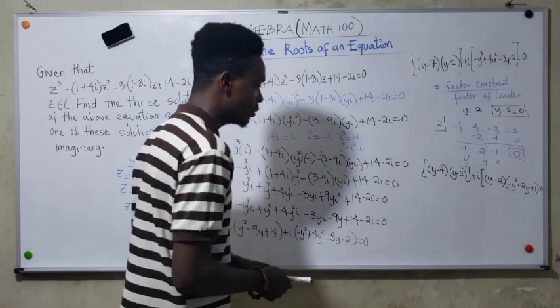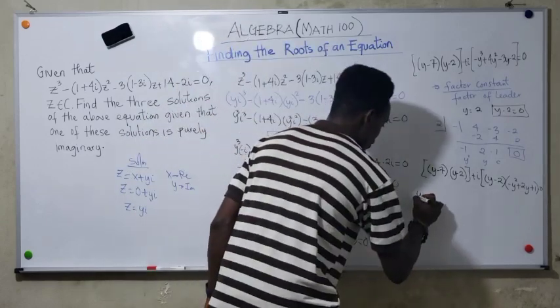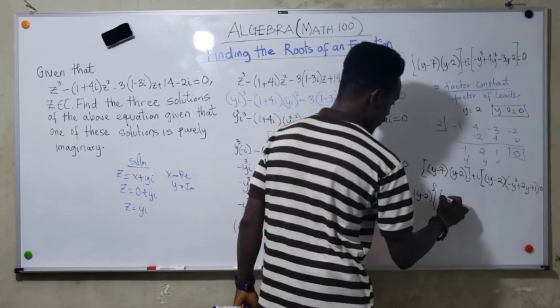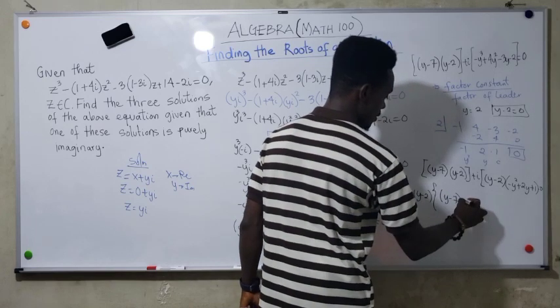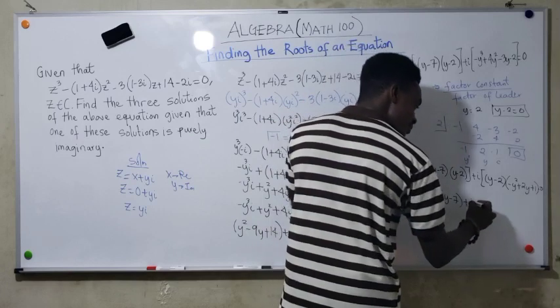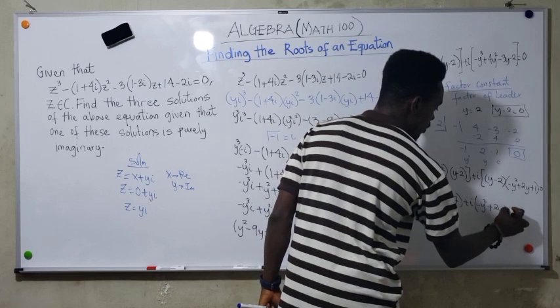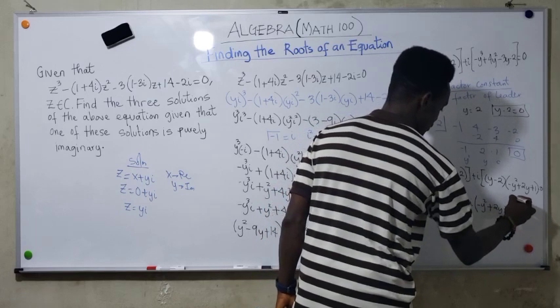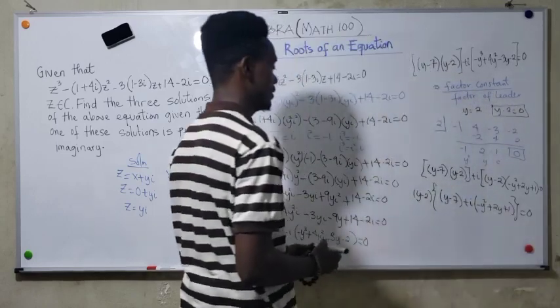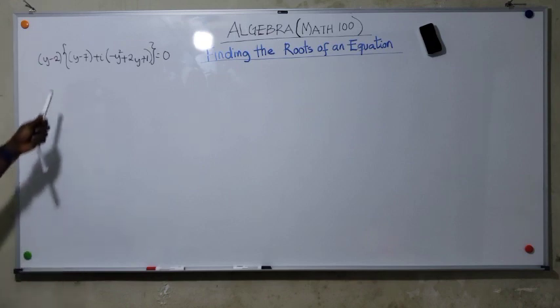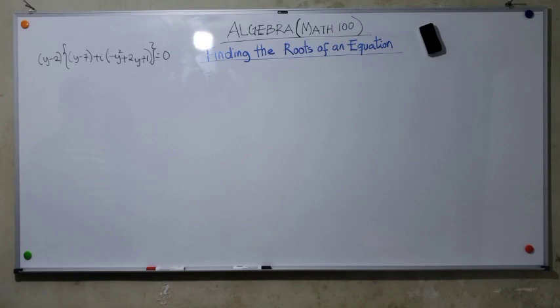So y minus 2 is a common factor, and we are left with y minus 7 plus r times the bracket of minus y squared plus 2y plus 1, equal to 0.